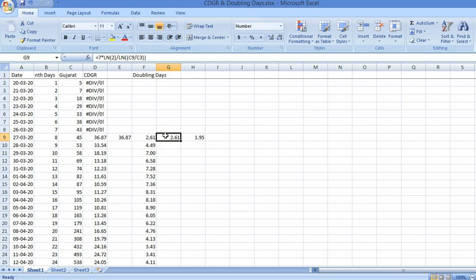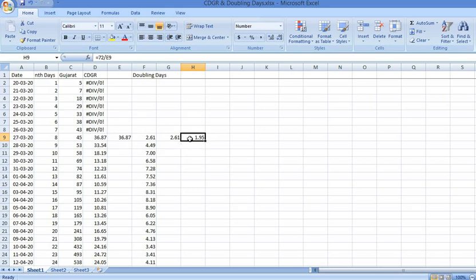So this is the scientific formula we have, but another crude formula that we used in finance is the 72 rule. 72 is like the number of days or months or years that would be taken to double the cases or double the money. That is a concept which we can use here also. 72 divided by CDGR, that is 36, so 72 divided by 36 will give us 1.9.